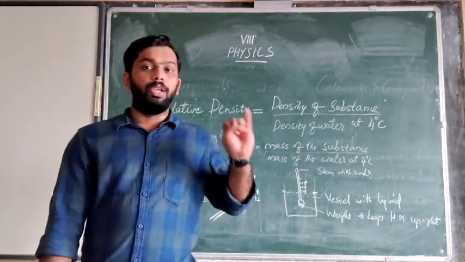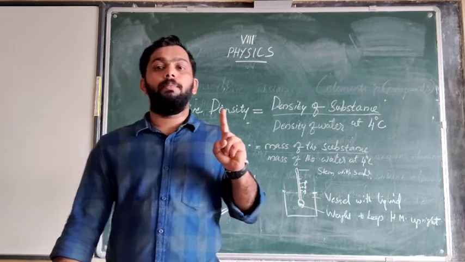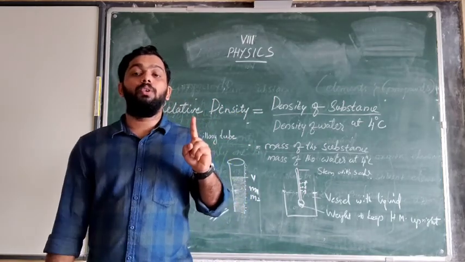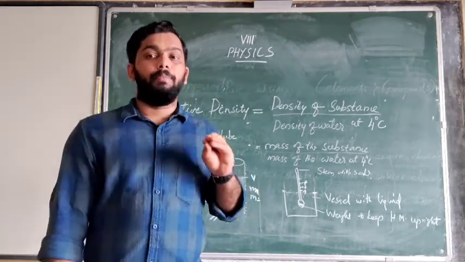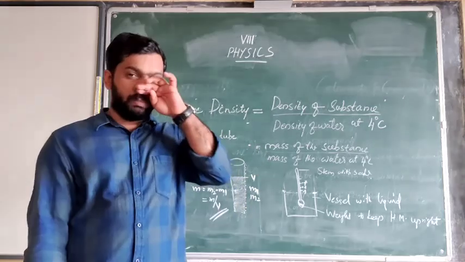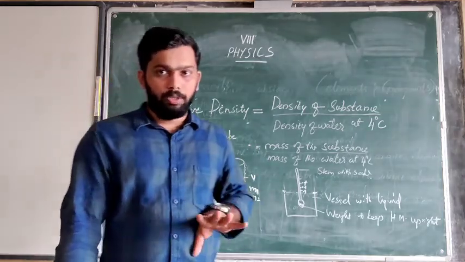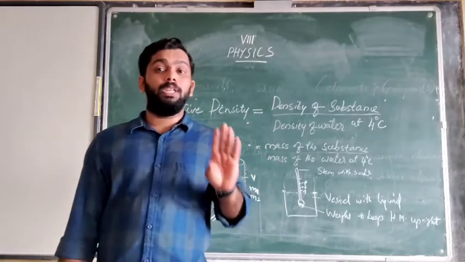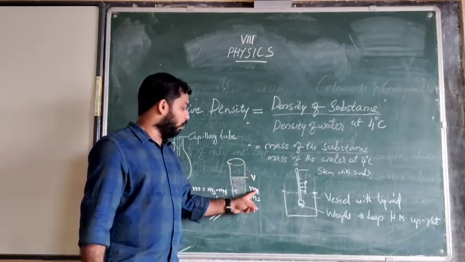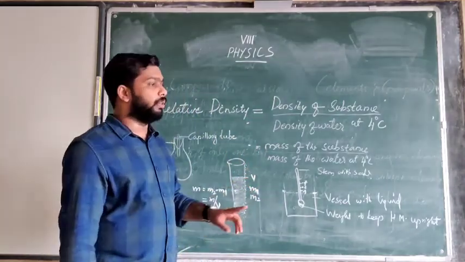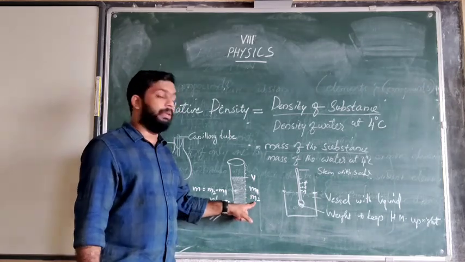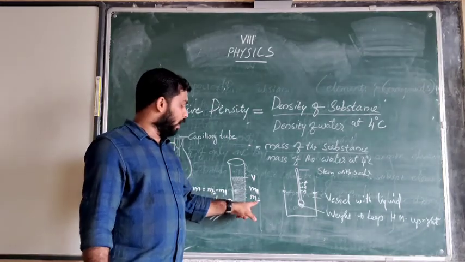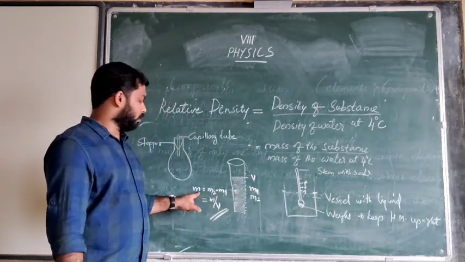Very simple. You will take a measuring cylinder. First step, you have to find the mass of the measuring cylinder using a physical balance without pouring any liquid. The mass of the empty measuring cylinder, let it be M1. Then you pour the liquid and find the mass, let it be M2, and M2 minus M1 will give the mass of the liquid.